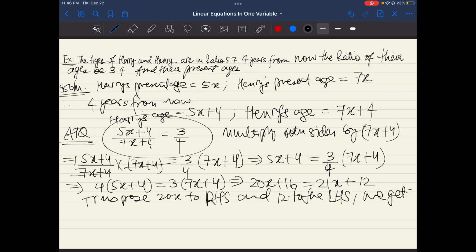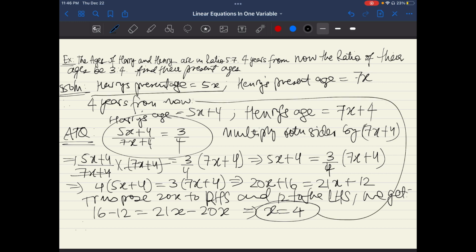We get 16 minus 12 equals 21x minus 20x, which implies x equals 4. So therefore, using the value of x, we can now plug this value of x into Harry's present age and Henry's present age expressions and get the values of their ages.